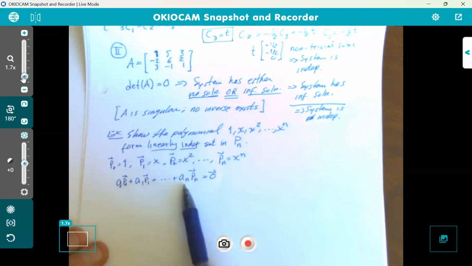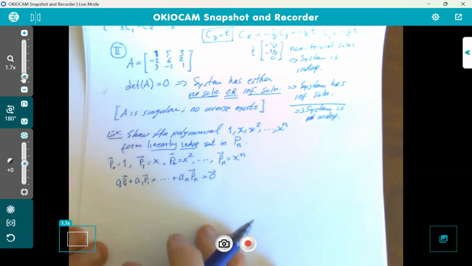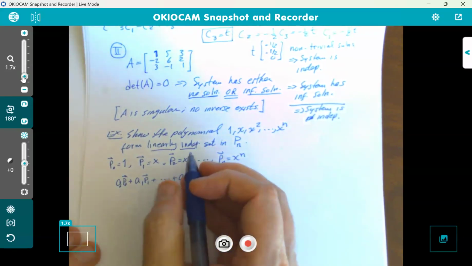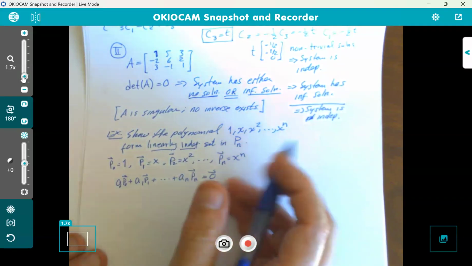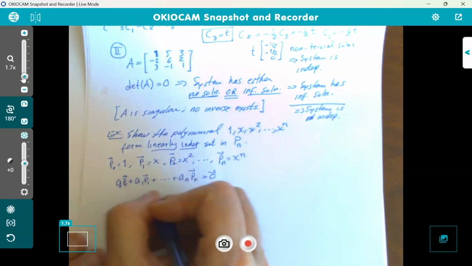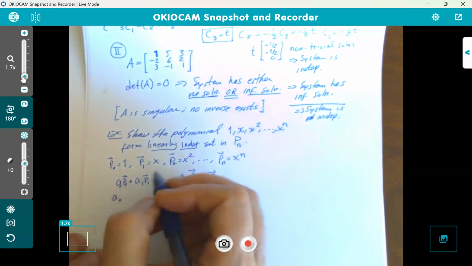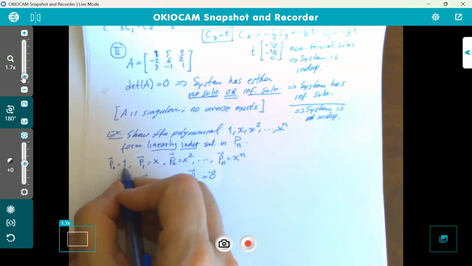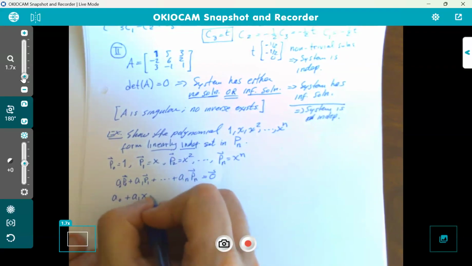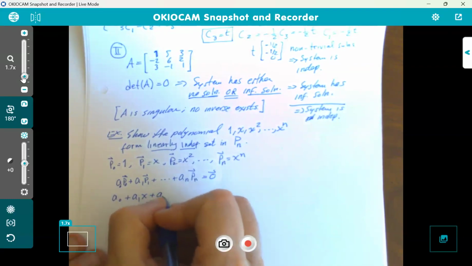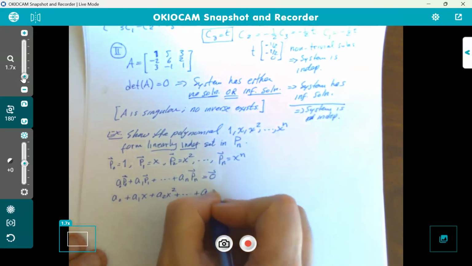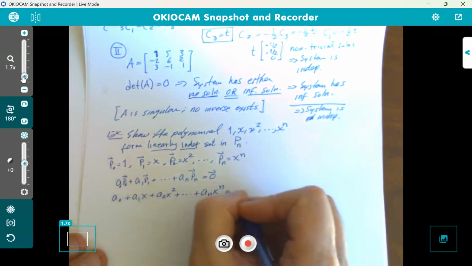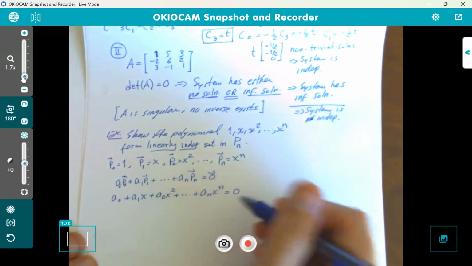This again looks like the general vector form that we talked about when we defined a linear combination. Now, the scalar form of this is going to look like this, because this vector is 1: a0 plus a1x plus a2x squared plus dot dot dot plus an x to the n equals 0. Scalar 0, not vector 0.